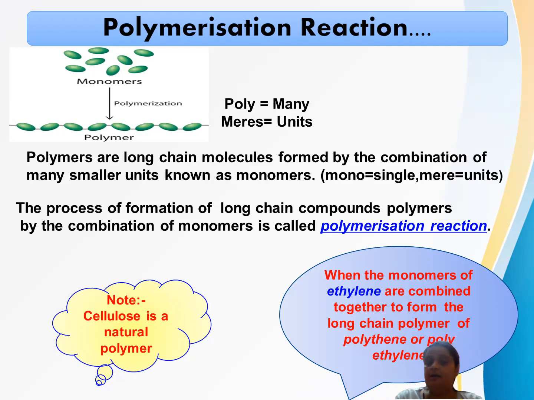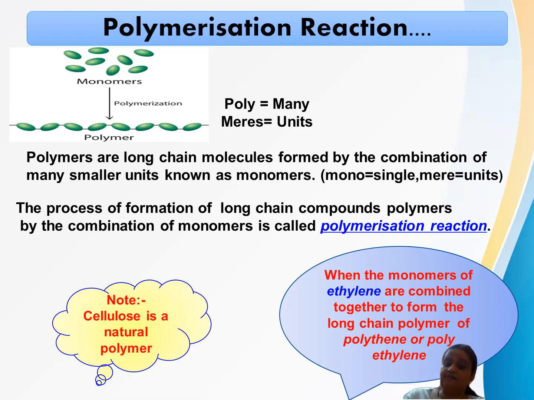Mono stands for single, mer stands for unit. When you combine so many monomers together, you get a long chain molecule that we call a polymer. Poly here means many. So many single units are joined together to form a polymer.